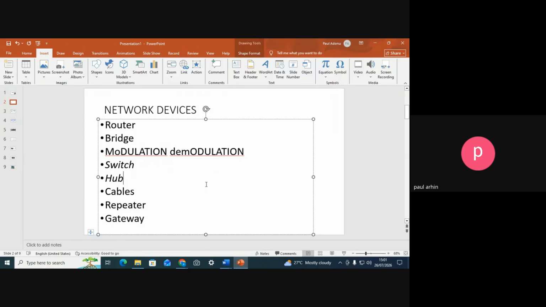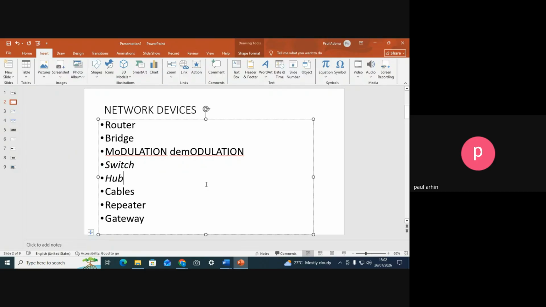So you will need, once again, a different device that will now demodulate what was modulated. That is taking it back to the original form, from analog to digital, so that the PC can now pick that data in the form of digital again.